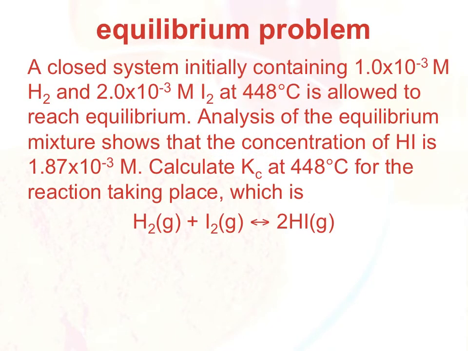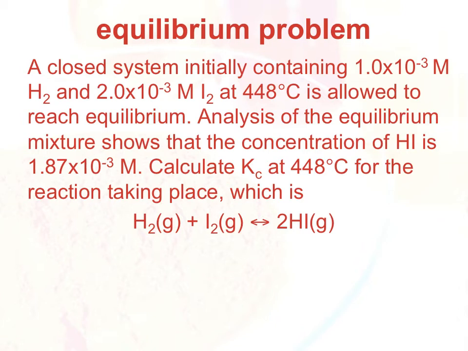So we've been told that we have a closed system, which is obviously one of the necessities for establishing equilibrium. It initially contains 1.0 times 10 to the negative third molar H2 and 2.0 times 10 to the negative 3 molar I2 at 448 degrees C. It's allowed to reach equilibrium.